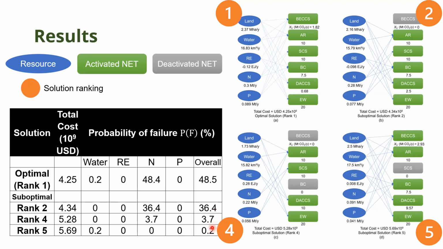But it implies that we have to increase the allocation of direct air carbon capture and storage, which is currently the most expensive net. So, since the probability of failure depends on whether the solution is nitrogen intensive, the decision maker may opt to find a balance between the nitrogen requirement while considering the impact on the cost.